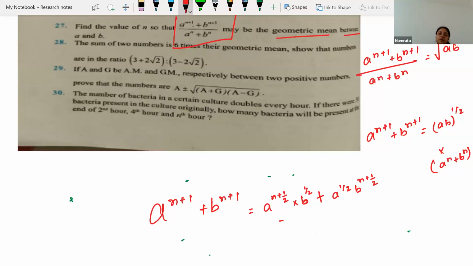Yes, ma'am. Now we are going to keep a on one side and b on another side.